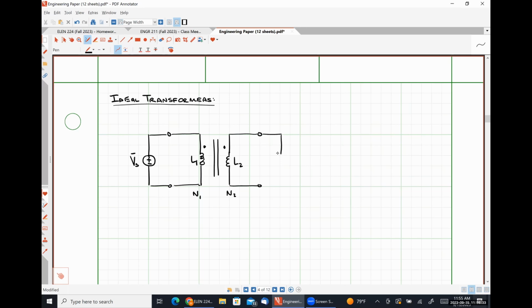And out here on the right-hand side is going to be some load, and secondary current, I2, define my primary voltage, V1, define my secondary voltage, V2 like so.